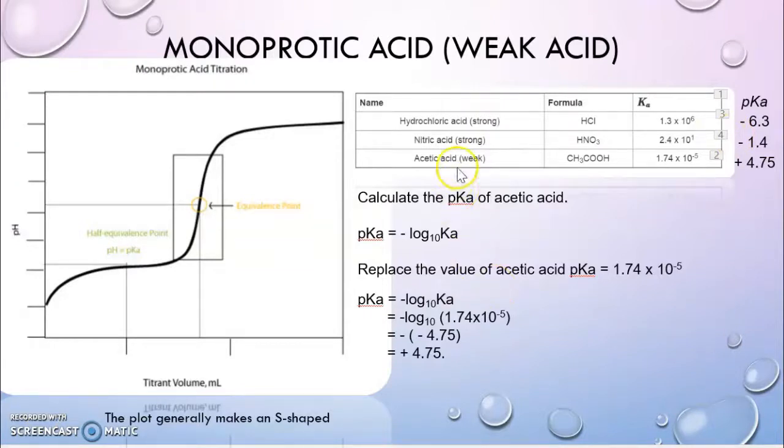Strong acids such as hydrochloric acid and nitric acid have a more negative value of pKa. A negative value of pKa means that they almost 100% ionize in water.